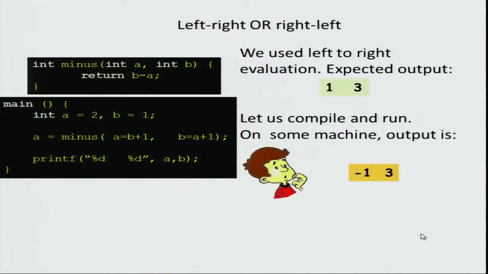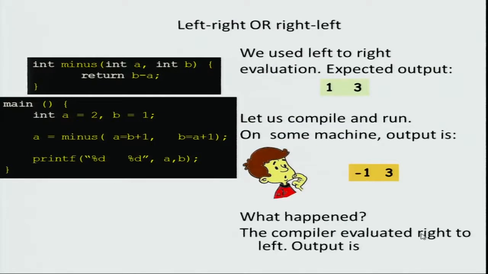Okay. So, what happened here? Now, this happens, for example, when the compiler would evaluate it right to left. So, when you evaluate it right to left, what will happen is that b equal to a plus 1 will be executed first. So, b gets the value 2 plus 1, 3, and then you will execute a equal to b plus 1, b is now 3.